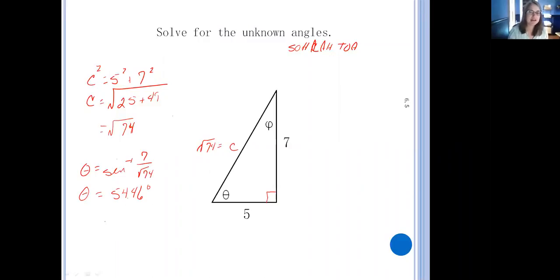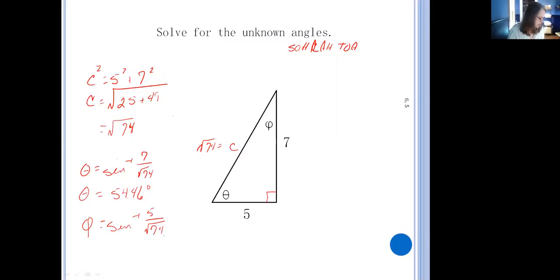We can get phi, which is my other angle, and we can get it a couple of different ways. We could use the inverse cosine of 7 over root 74, or we could use the inverse sine of 5 over root 74.